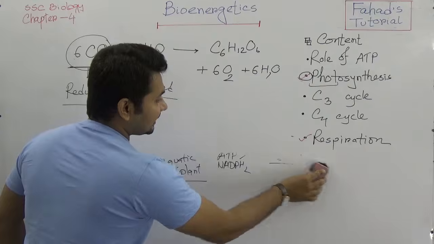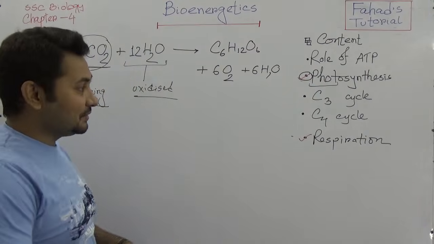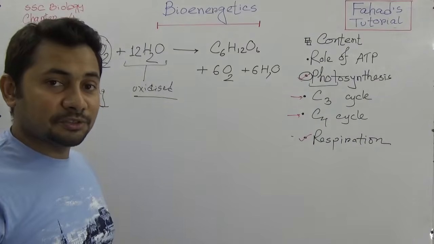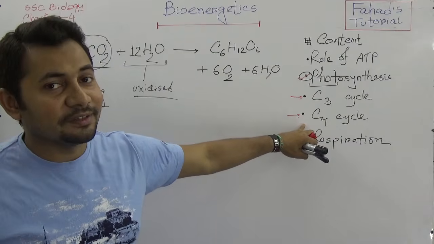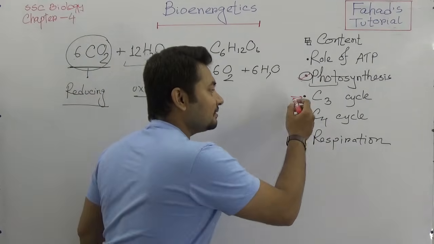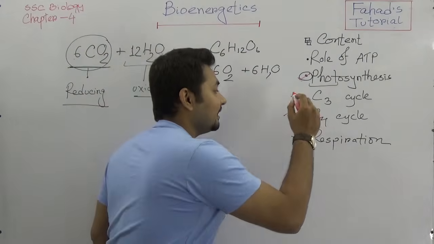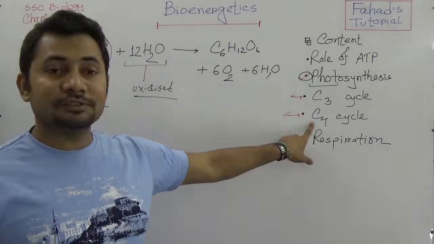When you understand photosynthesis, the C3 cycle and C4 cycle will be the next issues to understand, how the C3 cycle and C4 cycle are going on, and who the inventors are. You know, Melvin Calvin in 1905, and then Hatch and Slack, scientists who invented this C4 cycle.